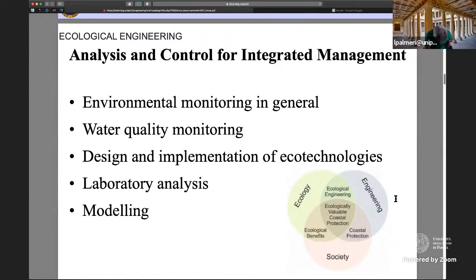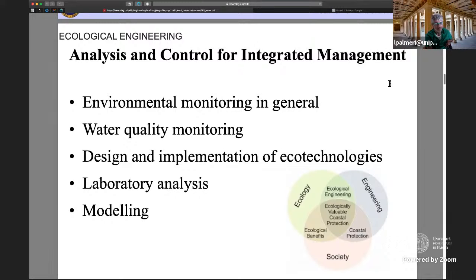But two of the very important tools for ecological engineering are laboratory analysis and modeling. Laboratory analysis means chemical analysis of environmental samples, maybe water samples, soil samples, or organism samples. These are all laboratory analysis techniques that provide us data for the analysis or observation of a system.